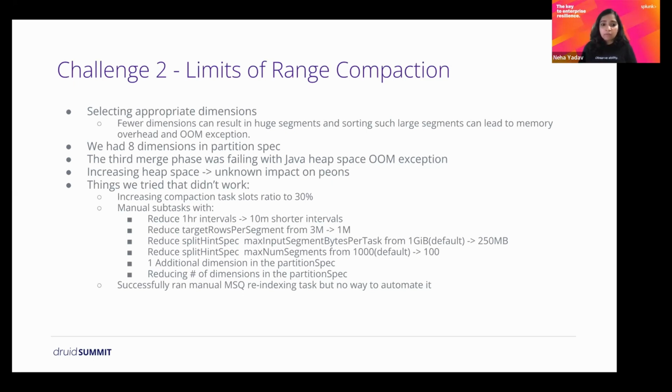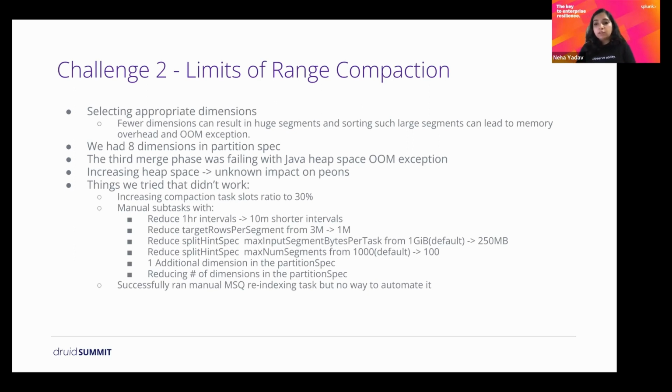And we tried a bunch of things. The very first thing was reducing the interval that our compaction task was running on. Initially, our compaction task was running on a 1 hour interval. We tried manual tasks with shorter 10-minute intervals, thinking that it would handle a smaller subset of data and could result in success of compaction tasks, but that didn't work.